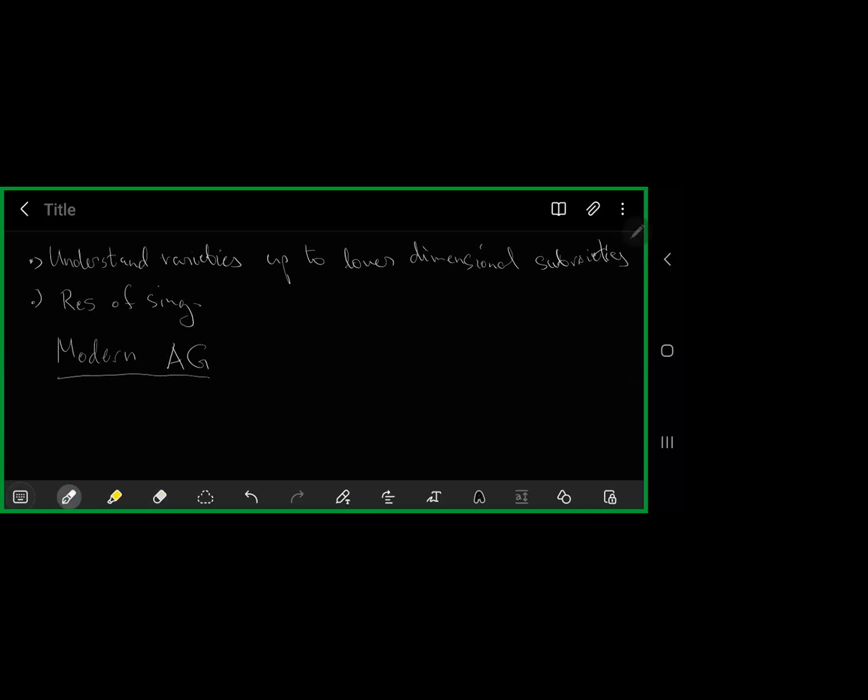what's crucially different between modern algebraic geometry and classical is that in the classical case, you only look at the solution sets in the geometric sense.